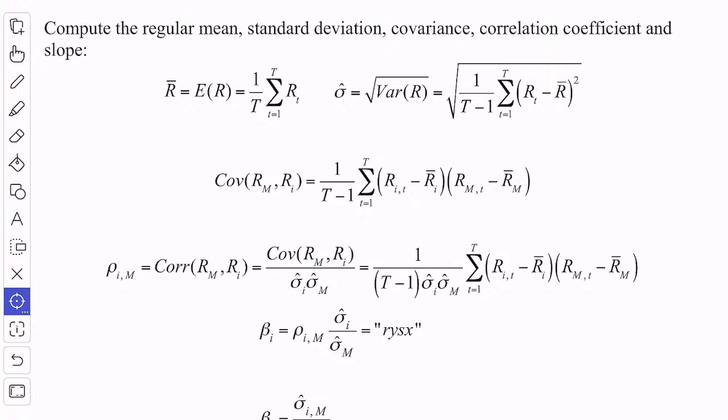And to make it more complicated, I'm going to talk about each variable at a time. I'm going to use a subscript i.